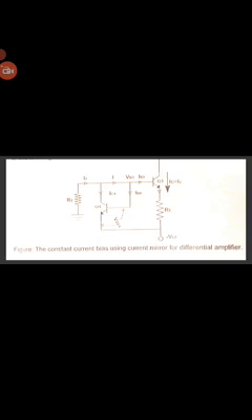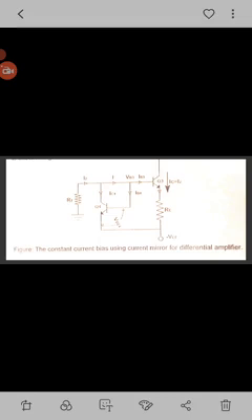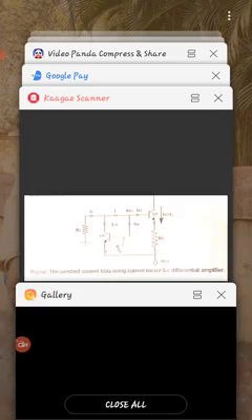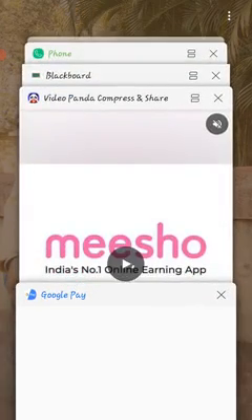The currents and voltages are approximately the same. Here, VBE3 is equal to VBE4: the base to emitter voltage of transistor Q3 is equal to the base to emitter voltage of transistor Q4.